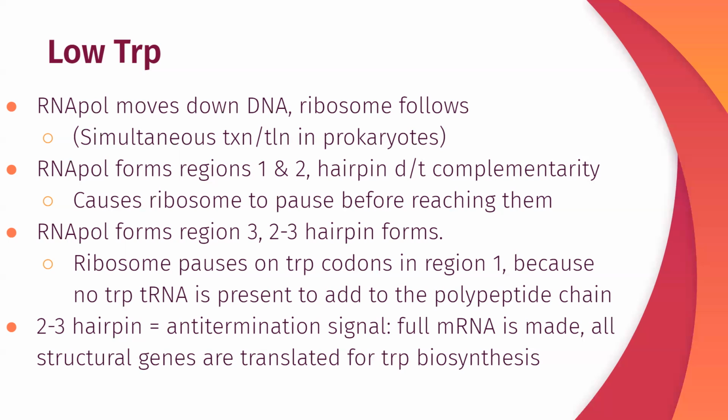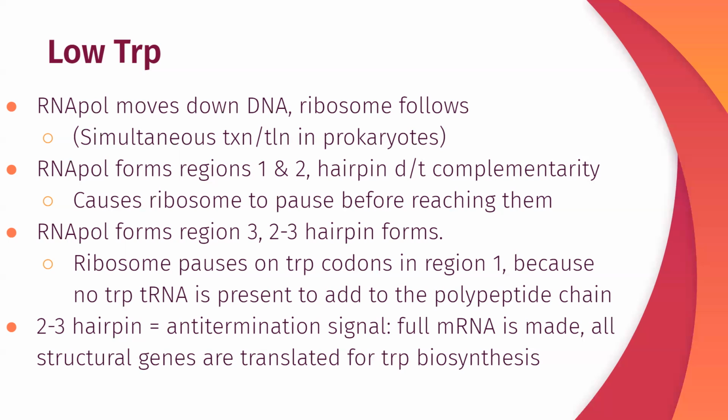And then RNA polymerase will keep moving and form region 3, and then we'll have region 2 and 3 together. So our 1-2 hairpin will break, our 2-3 hairpin will form instead, and our ribosome will move a little bit further. Now we have a 2-3 hairpin, and our ribosome will sit on the trp-trp codon of our region 1, which is a place that holds 2 trp tRNAs.